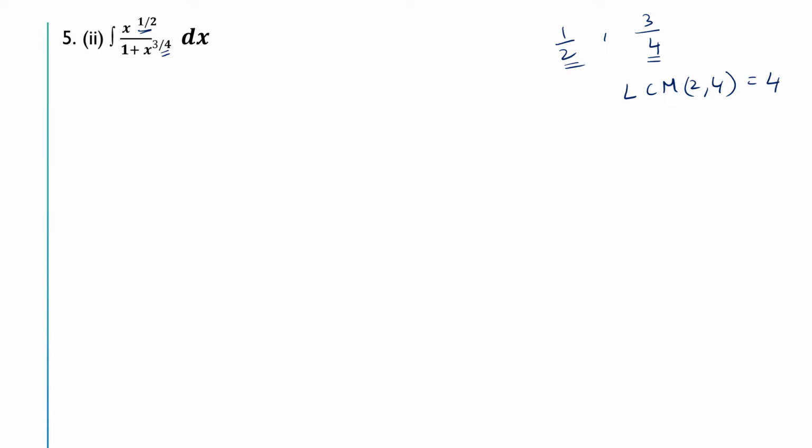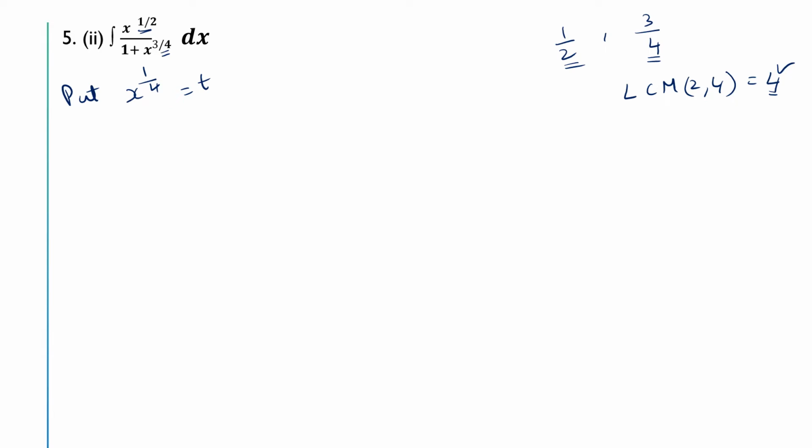So we have to do the substitution x raised to 1 divided by this LCM as t. So here the LCM is 4. So the substitution that we have to make is x raised to 1 by 4 is equal to t.